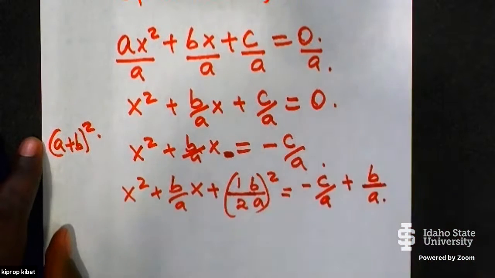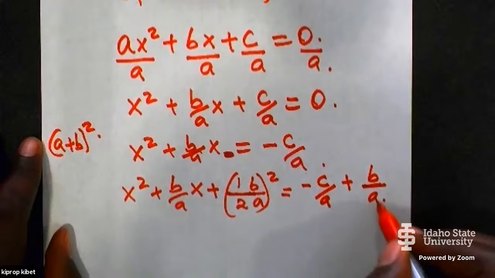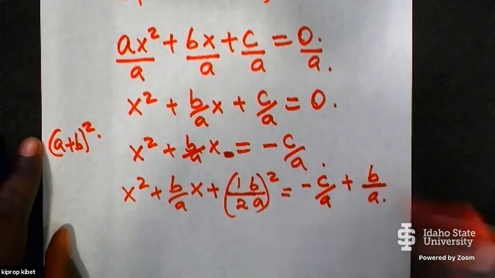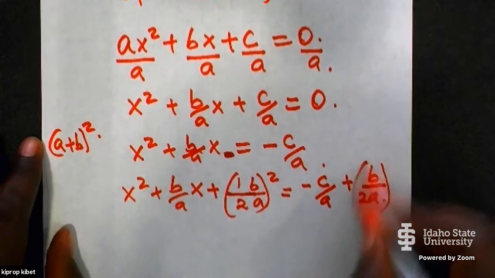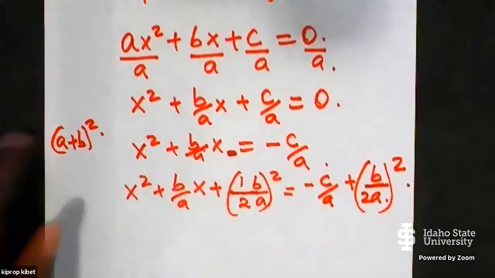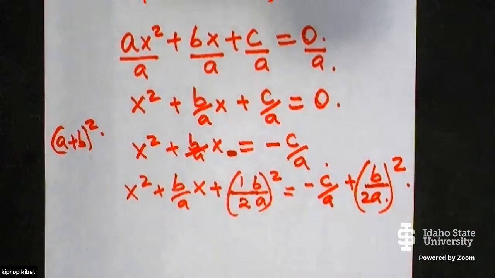So when you take half of this, what do you do? Half of this one, over 2, and then you square. Then you square.